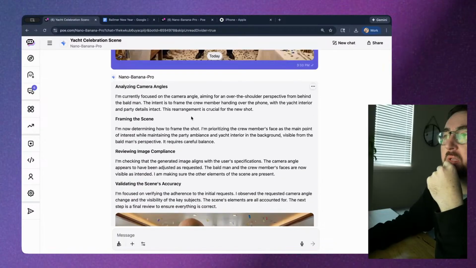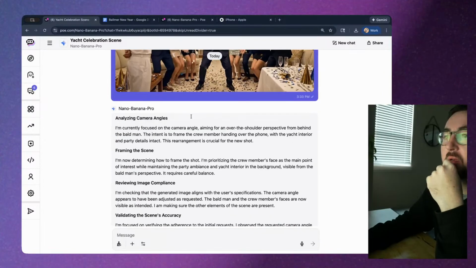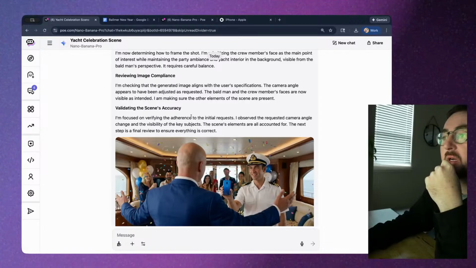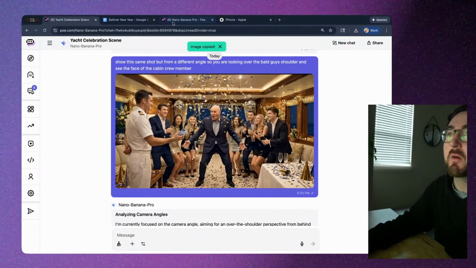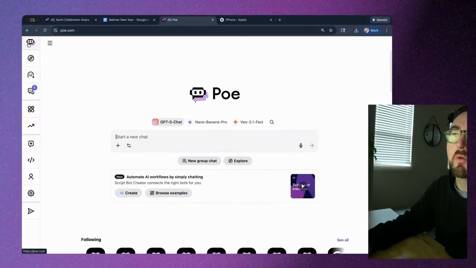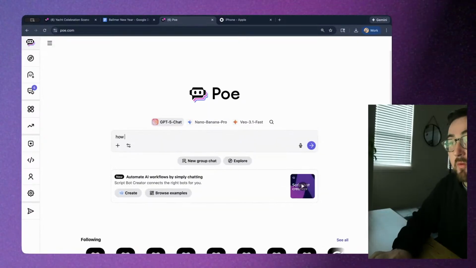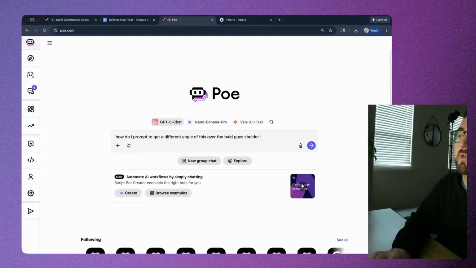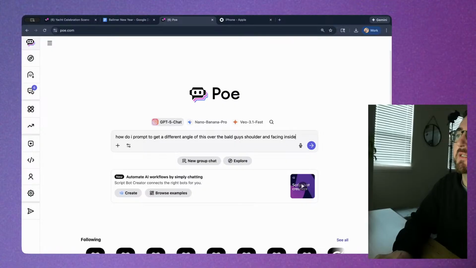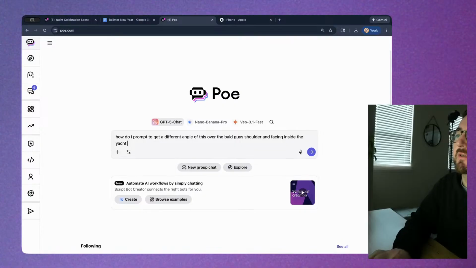Nope, didn't really keep the angles correct, and it messed up the phone. My prompt to get a different angle of this over the bald guy's shoulder and facing inside the yacht.